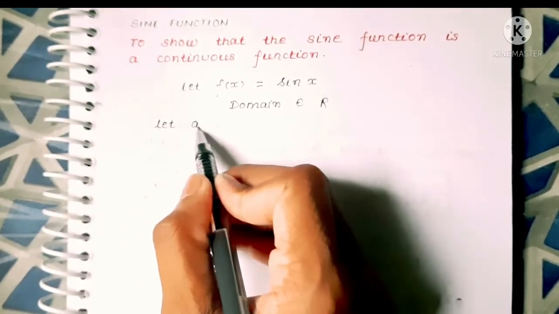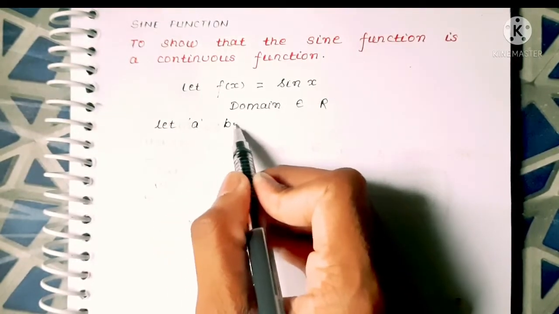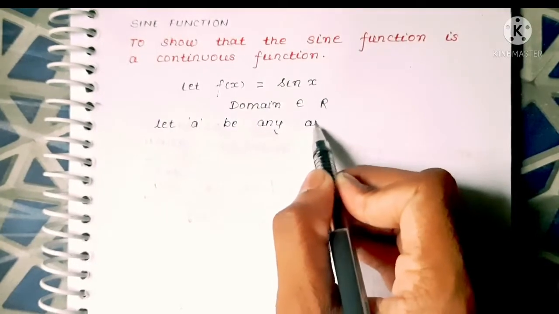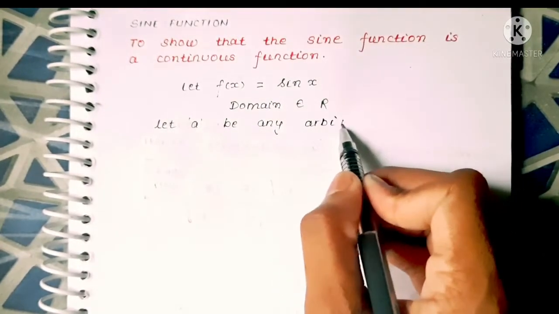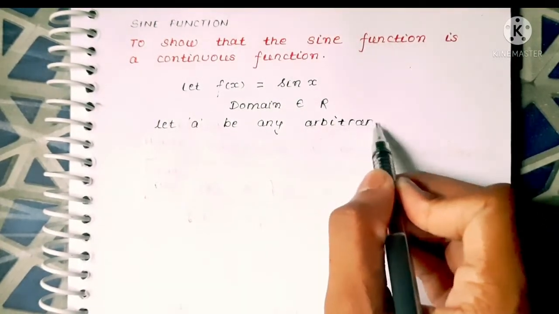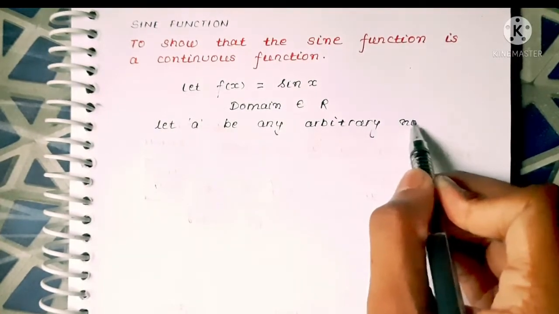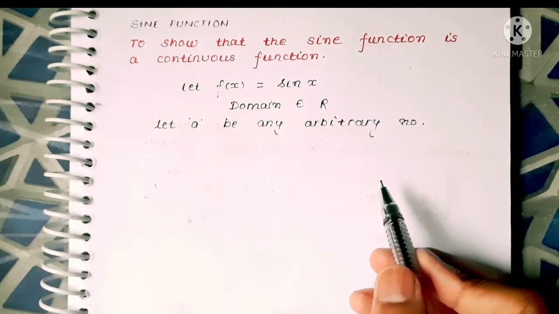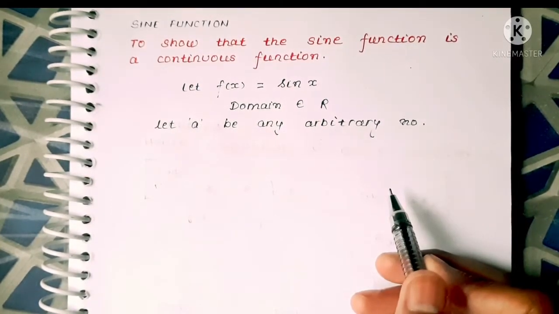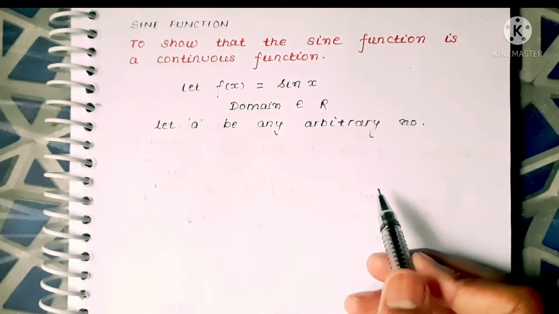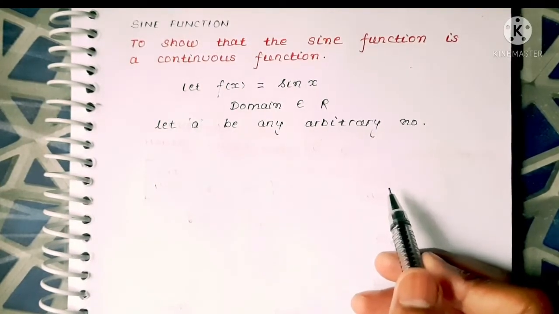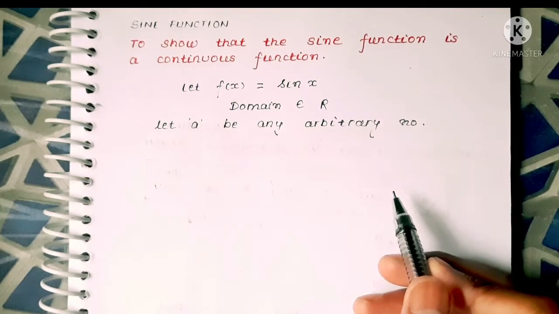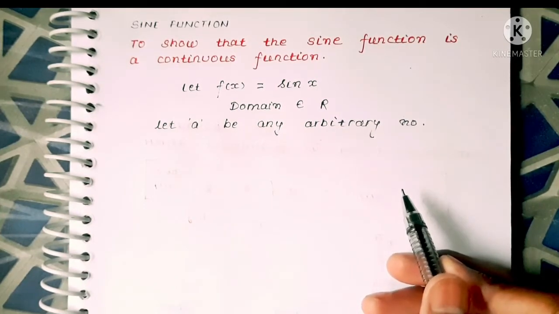Let a be any arbitrary number on its domain. So what we will do, we will prove this concept through the limit criteria, and we know the limit criteria: the left hand limit, right hand limit, and the value of the function are equal.